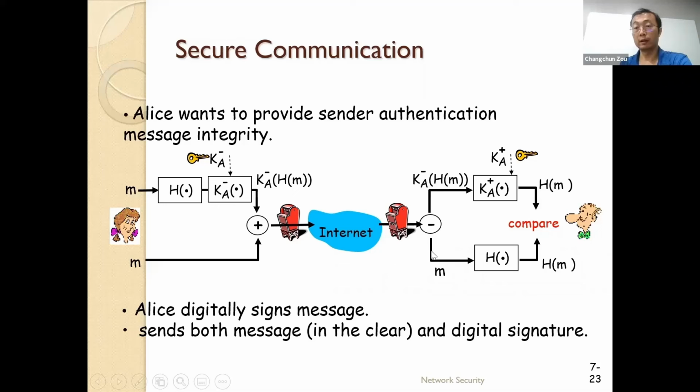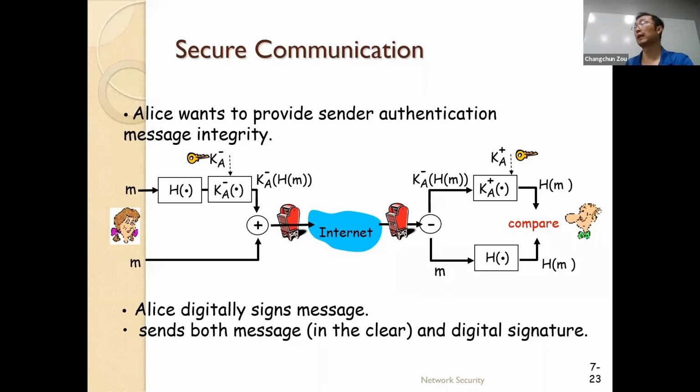The receiver calculates, using the same hash algorithm, a hash value. Then the receiver uses the sender's public key to decrypt this digital signature, then compares these two hash values, these two message digests.